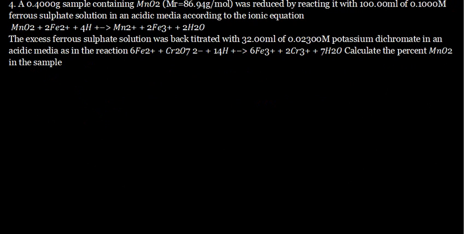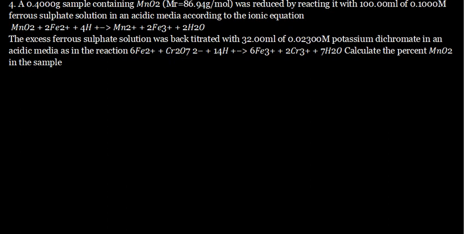The sulfate was also a spectator ion, so that's why we can only see iron 2 plus and don't see the sulfate. So the iron 2 plus is actually coming from the iron sulfate or the ferrous sulfate. The excess ferrous sulfate was back titrated with 82 mils of 0.023 molar potassium dichromate in an acidic medium as shown by this reaction.